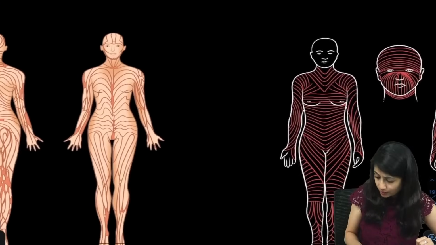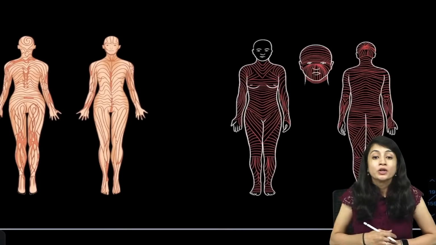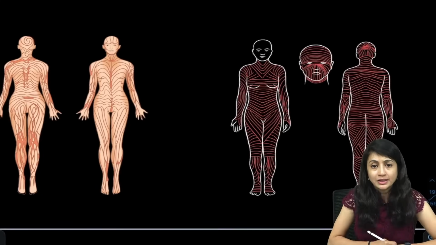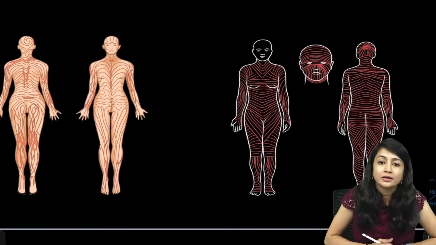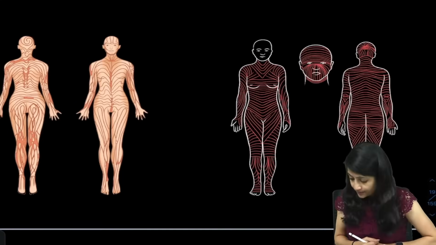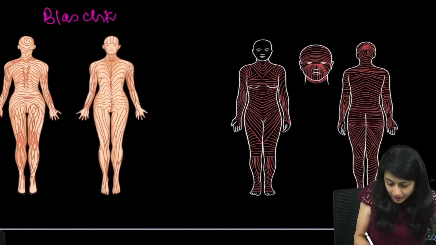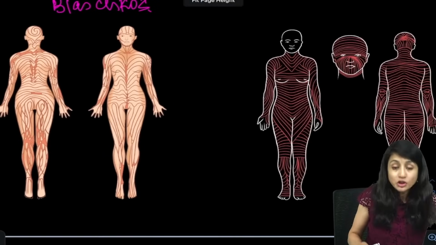Moving on to the next topic now. Right. So very commonly you would be given one of these lines in dermatology and you have to identify them. Can you tell me which is the line which is lighter in color, on the left hand side of the screen? Yes, very good. So this is Blaschko's lines.